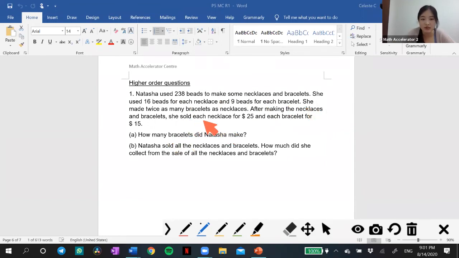After making them, she sold each necklace for $25 and each bracelet for $15. So we need to highlight some keywords first. She used 16 beads for each necklace and 9 beads for each bracelet. And then she made twice as many bracelets as necklaces.